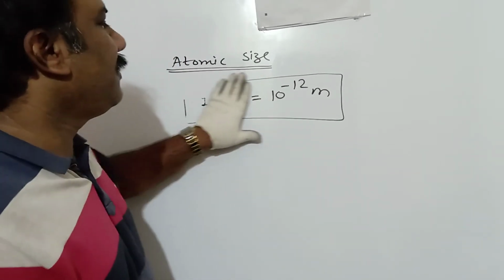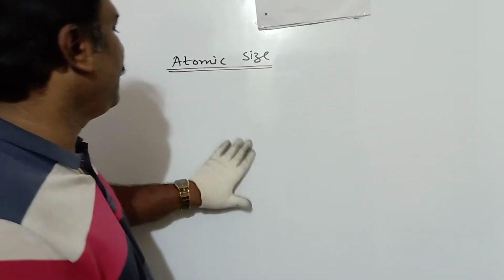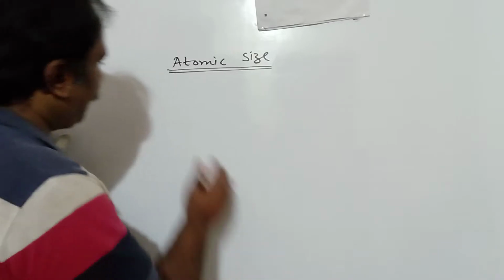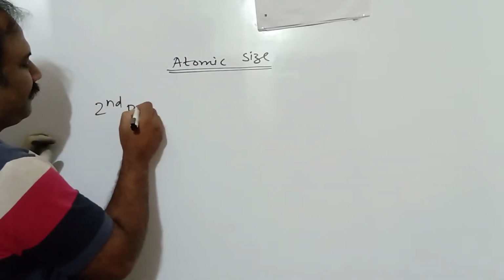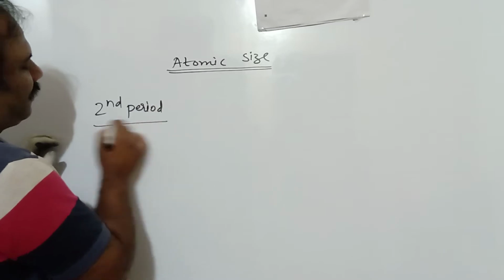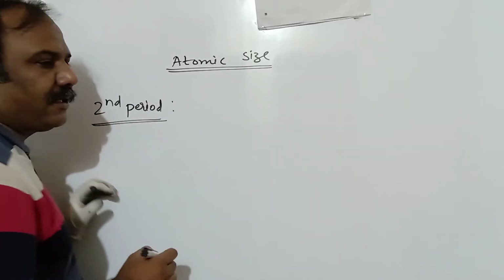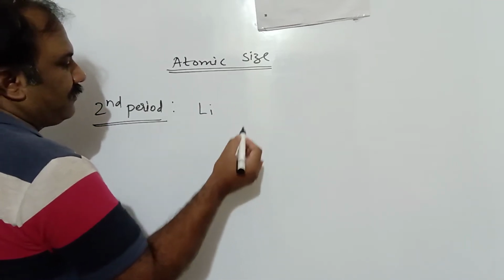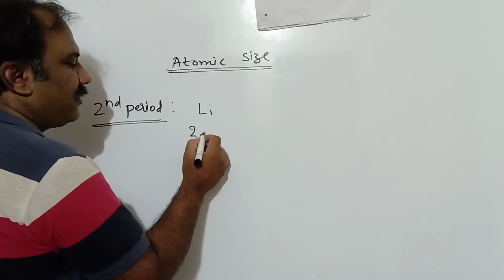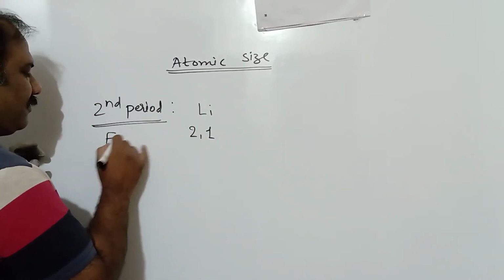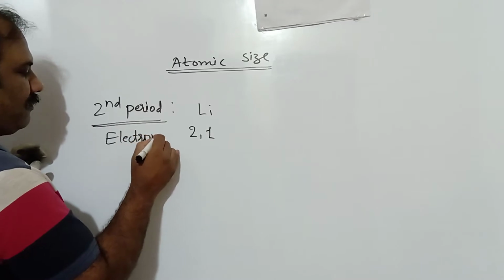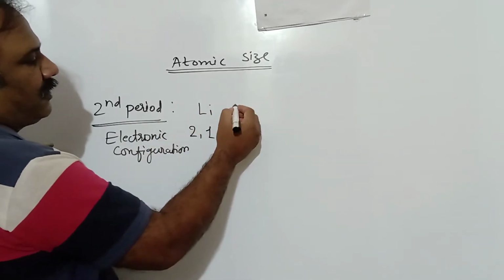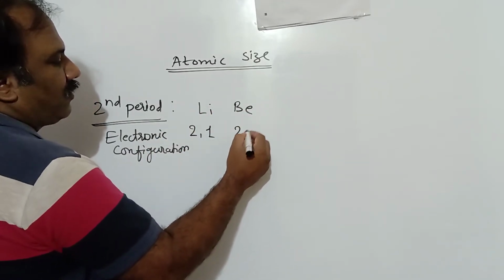So let us consider atomic size among the elements in the second period. We know that in the second period the elements are lithium, whose electronic configuration is 2 1. Then beryllium 2 2.